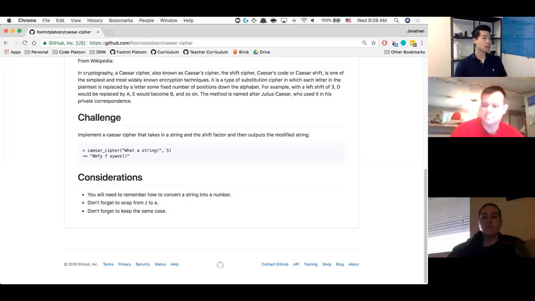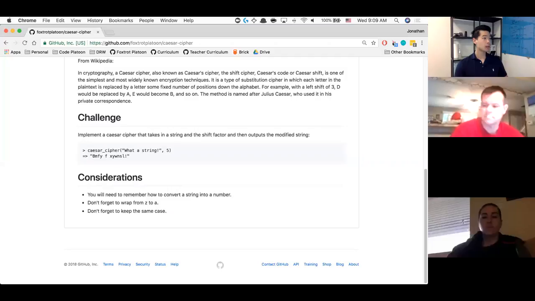Okay. If the character is not a letter, keep it the same, add it to the individual string. Otherwise, take the original. All right, first things first, we have to determine whether or not the letter is capital or lowercase. Take the original position of that letter in one of the two hashes created above.